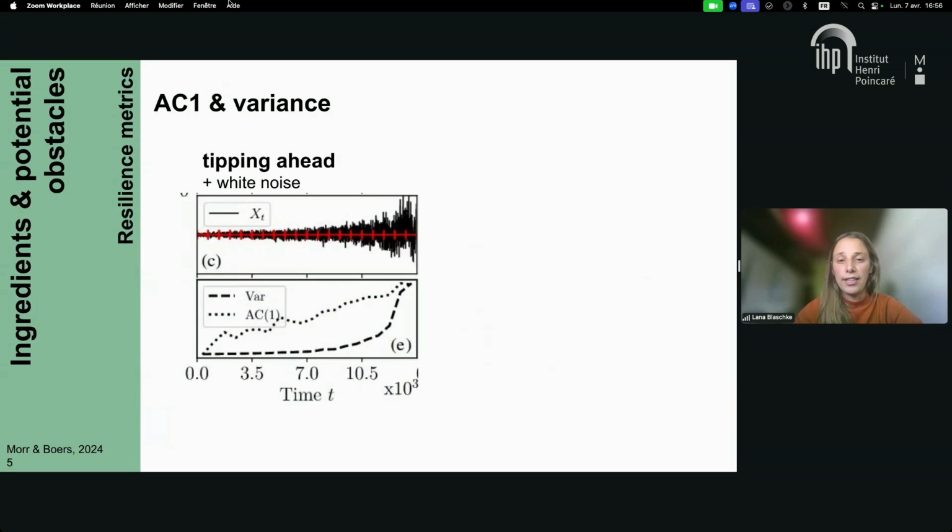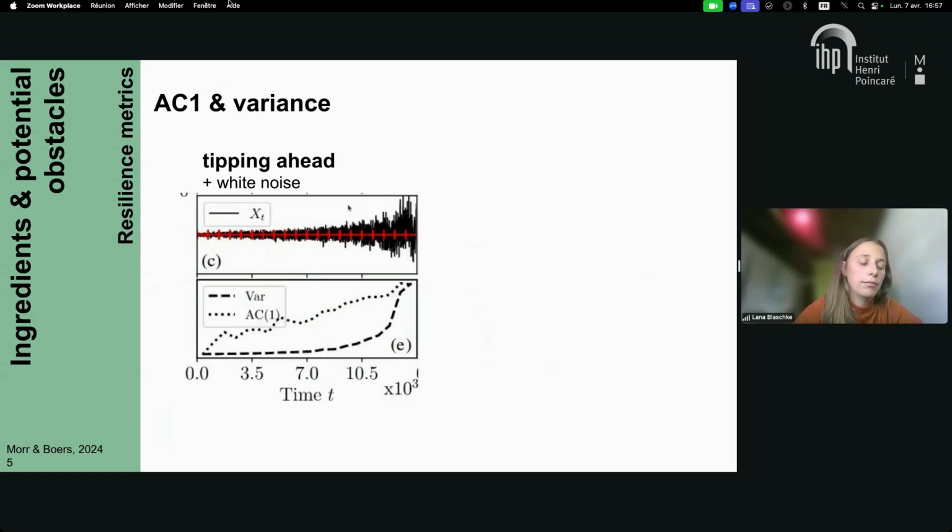So what we are usually assuming is that there's a tipping ahead in the time series that we are analyzing, and at some point it will tip. Then we usually see an increase in autocorrelation as well as variance before the tipping is happening. Now in this case, this is an artificial or synthetic time series with white noise.